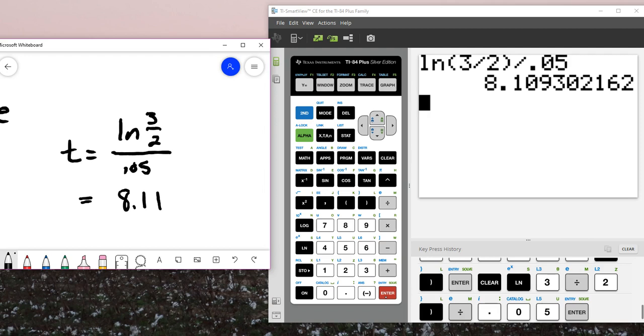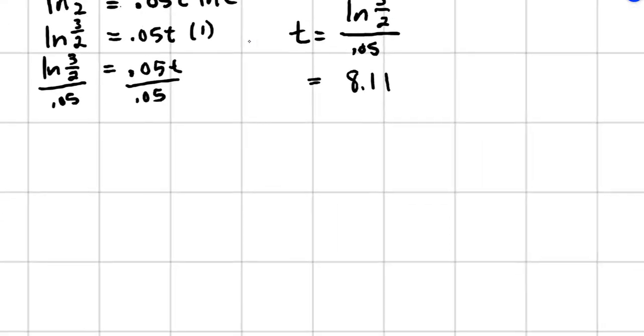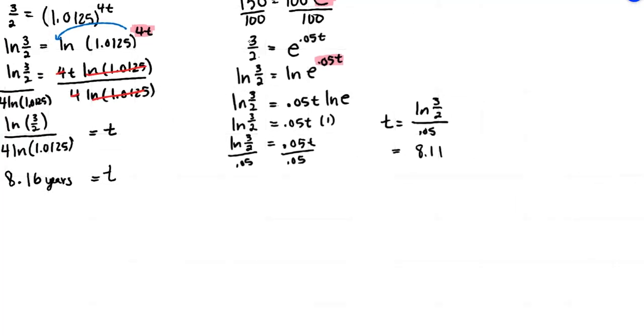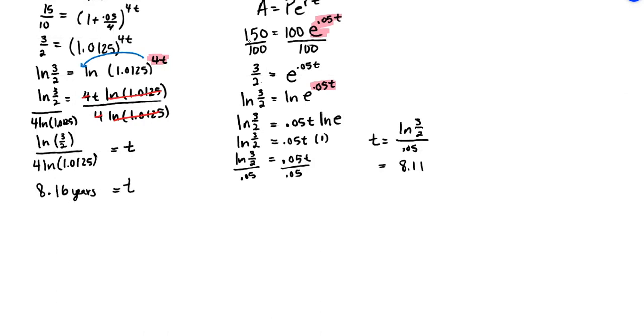So it would take approximately 8.11 years for our $100 to grow to $150 if our interest is compounded continuously. So I just want to compare that to our previous answer. You can see that compounding continuously takes a little bit less time for that money to grow than compounded quarterly.